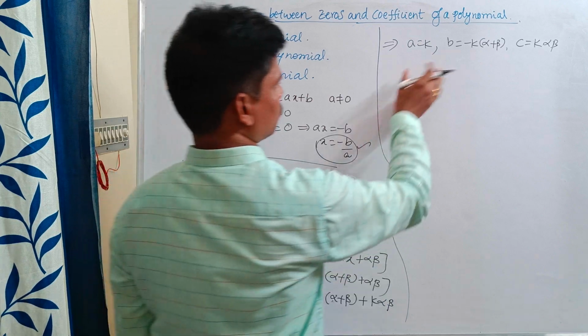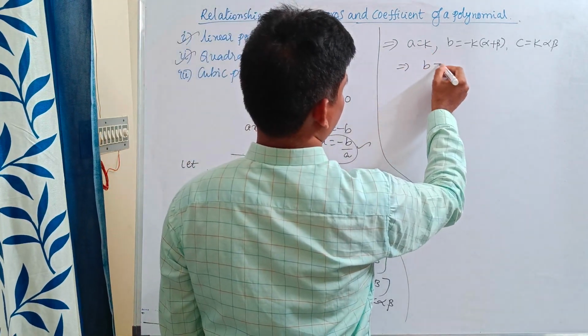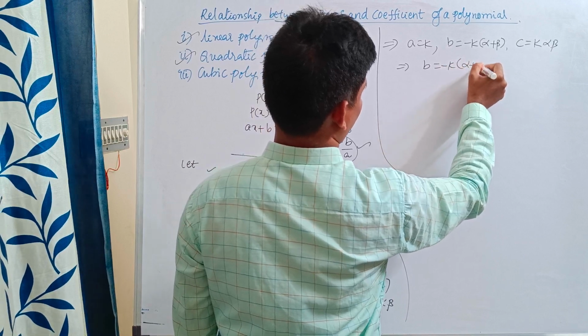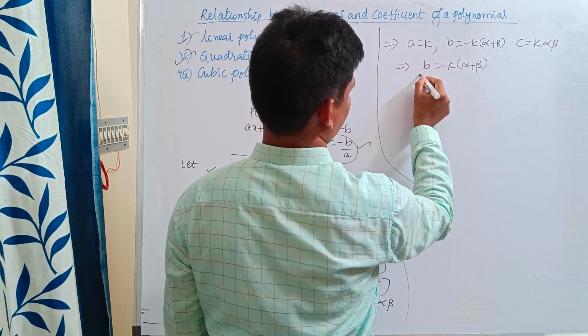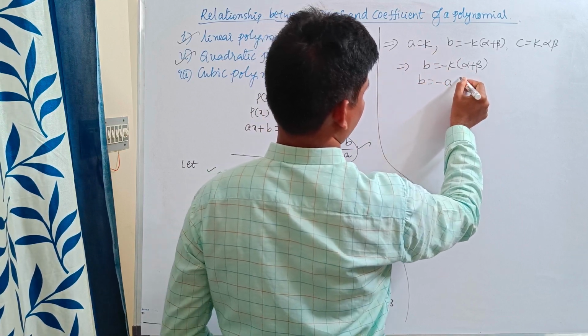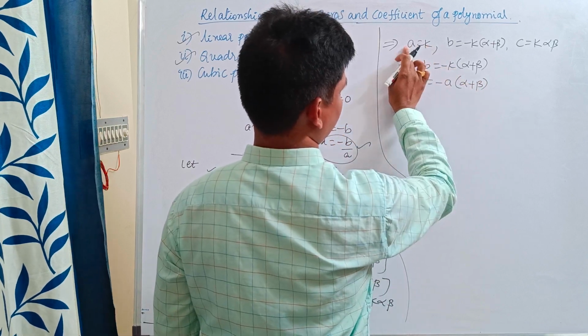Take these two. b is equal to minus k into alpha plus beta. In place of k, I write a.